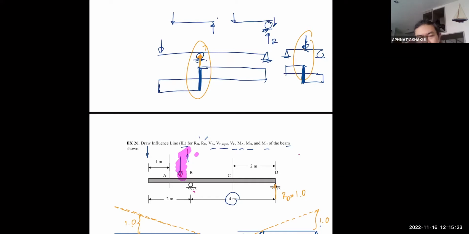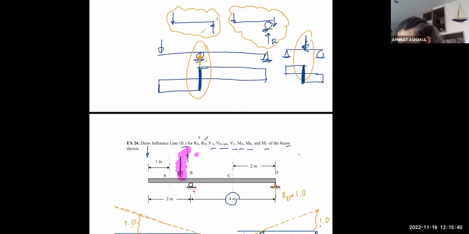So it depends on where you stand exactly, slightly to the left of the reaction or slightly to the right. If you stand slightly to the left, this is your free body diagram. If you stand slightly to the right, this becomes your free body diagram.